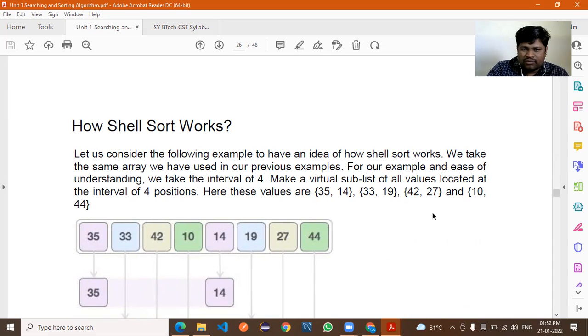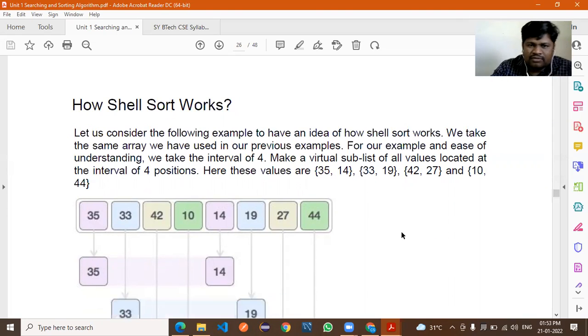Now we are considering one example. We take the same array we used in our previous example, and we are taking intervals. 4 intervals we will consider.